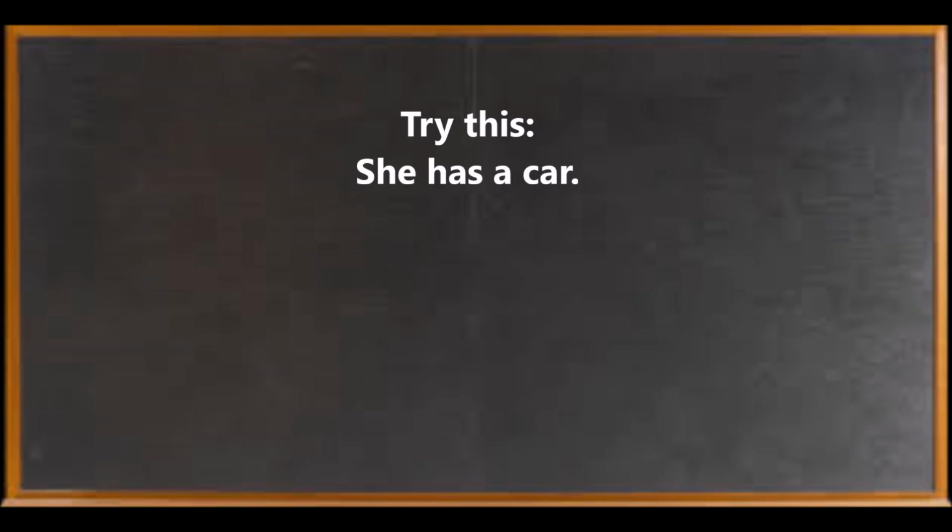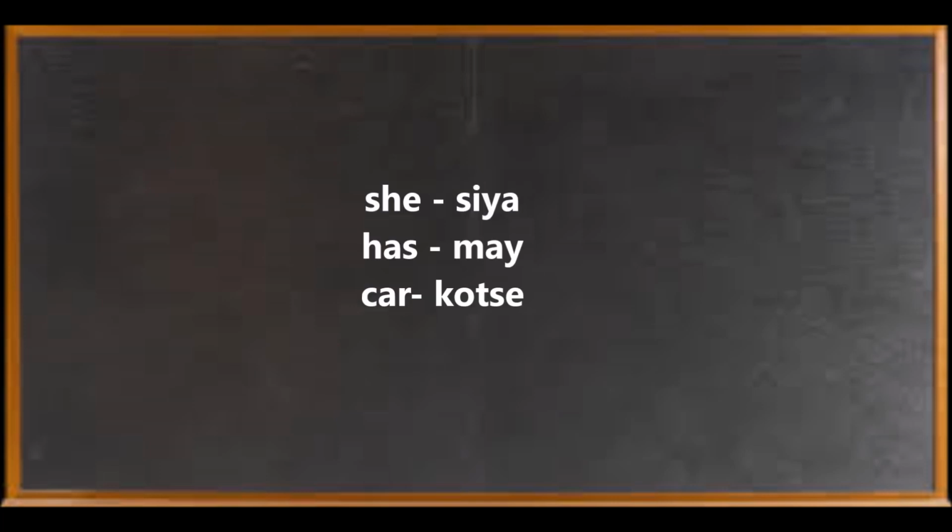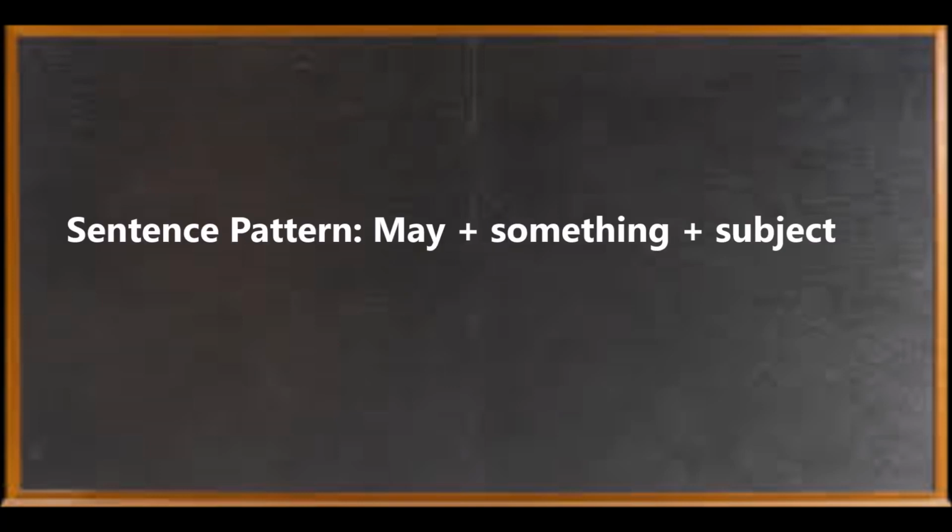So the next example is "she has a car." Now, I'm going to give you the translations for the words in number 2. So she is siya, has is of course may, and of course car, you already know that it's coche. And following the word order, may something plus subject, what is your answer? Can you try that?